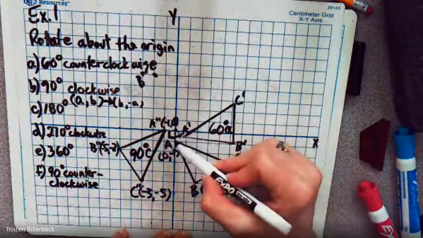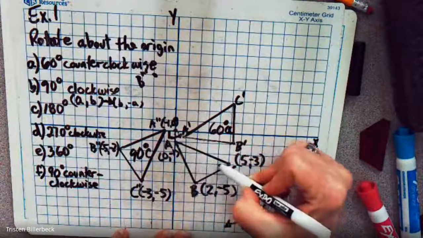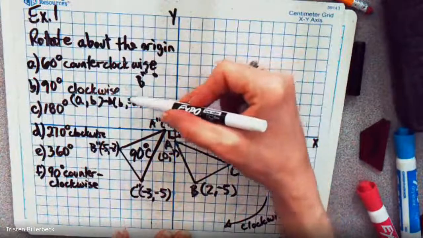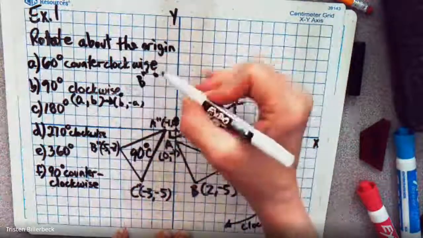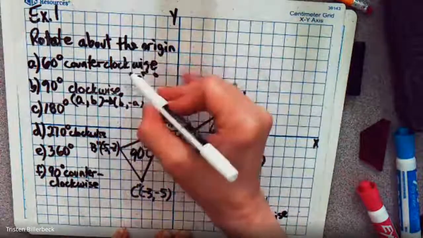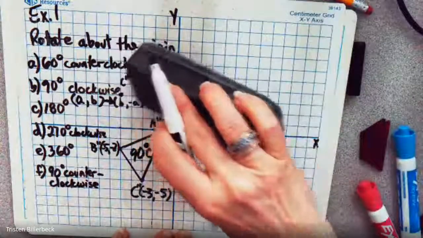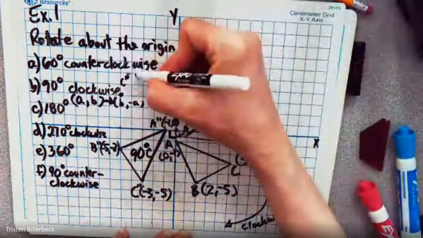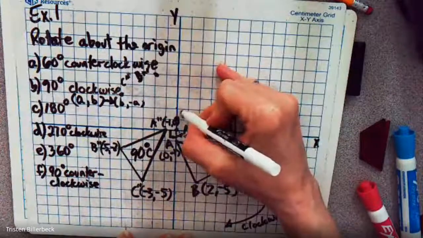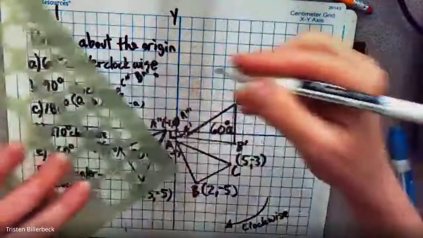And this one was 1, 2, 3, 1, 2, 3, 4, 5. Okay, so that gives us C triple prime. And I'm going to have to put B somewhere else because it's in the way. All right, so we have A triple prime right here. Okay, so let's draw the line, see what happened.